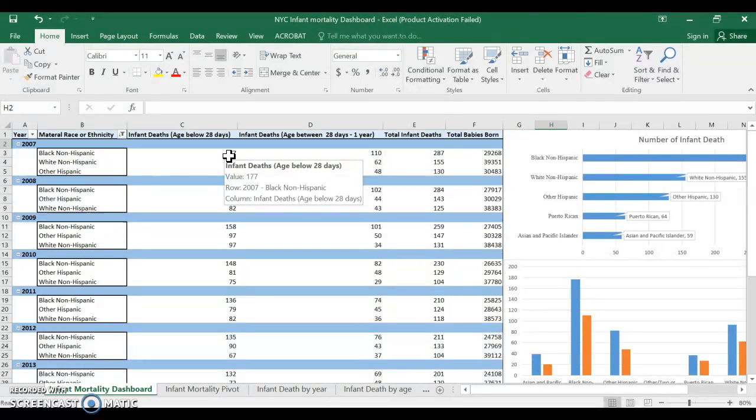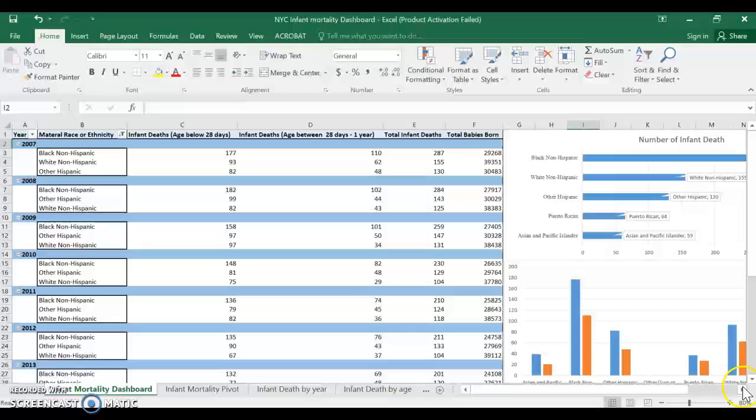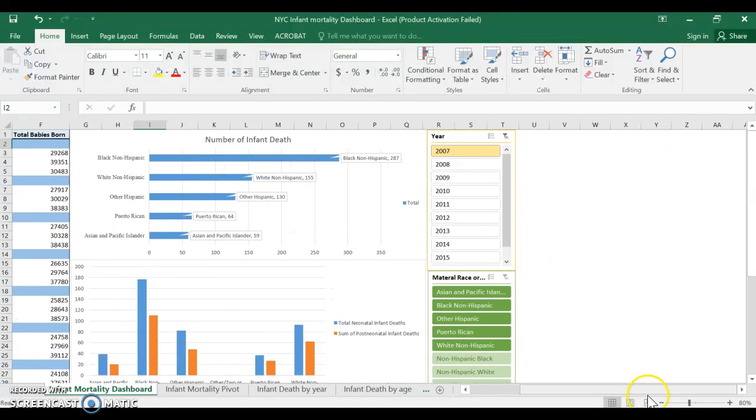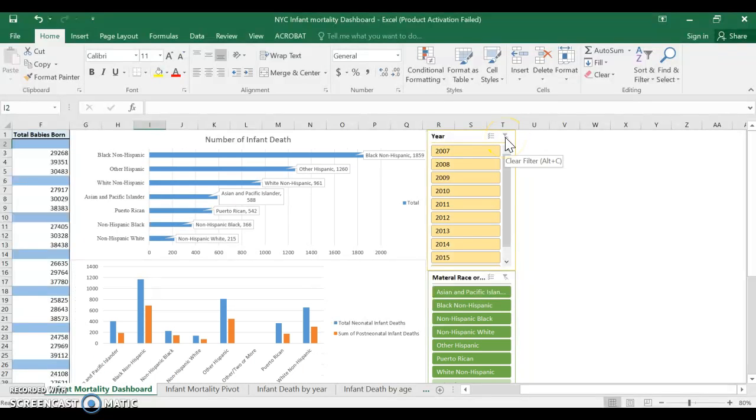So to the right in my dashboard, I added a bar chart that shows the total number of infants who died within this 10-year period, categorized according to their maternal race. Currently it is filtered by this slicer, but if I clear the filtering, I'll see the overall picture.